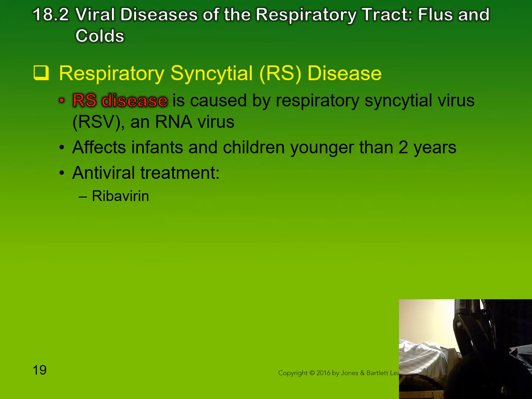Respiratory syncytial disease is caused by a respiratory syncytial virus, which is an RNA virus. It affects infants and children less than 2 years old, and there is an antiviral treatment, riboflavin, that can treat that.